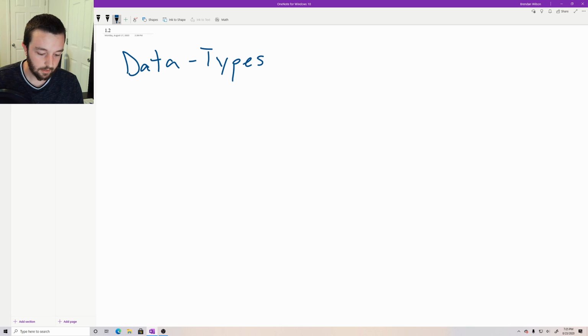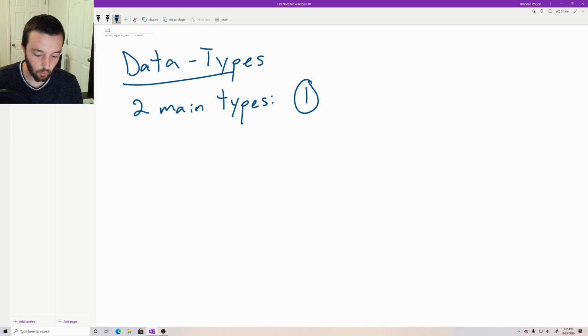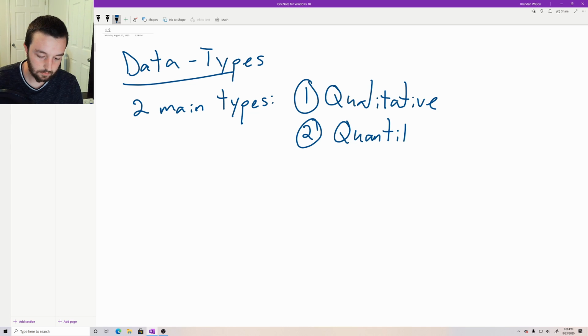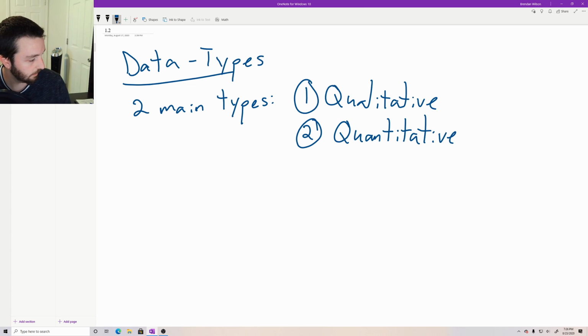There's two main types: qualitative data and quantitative data.